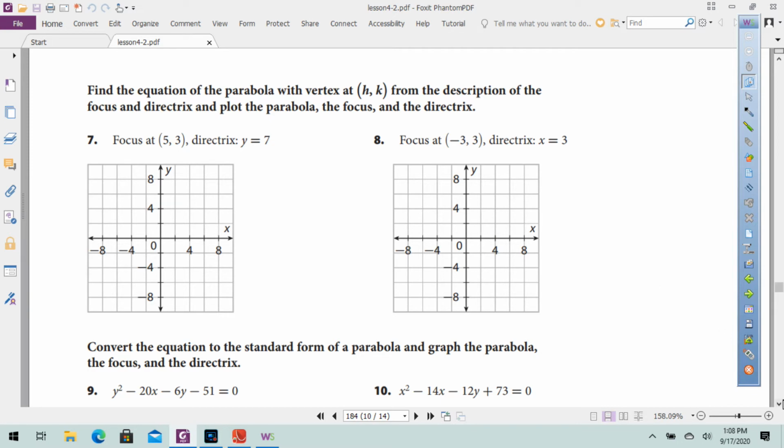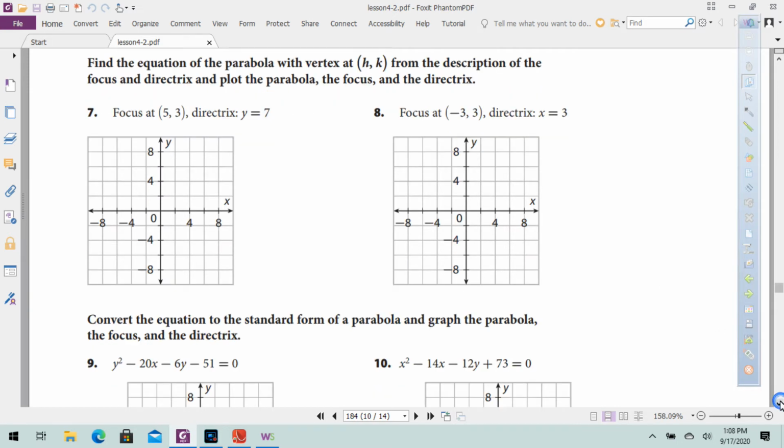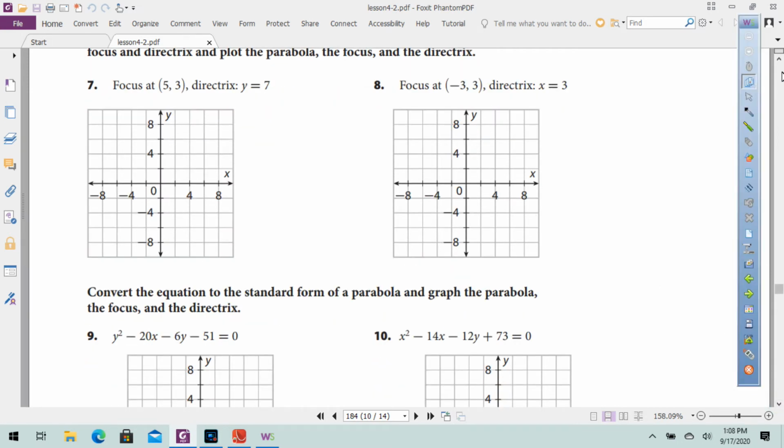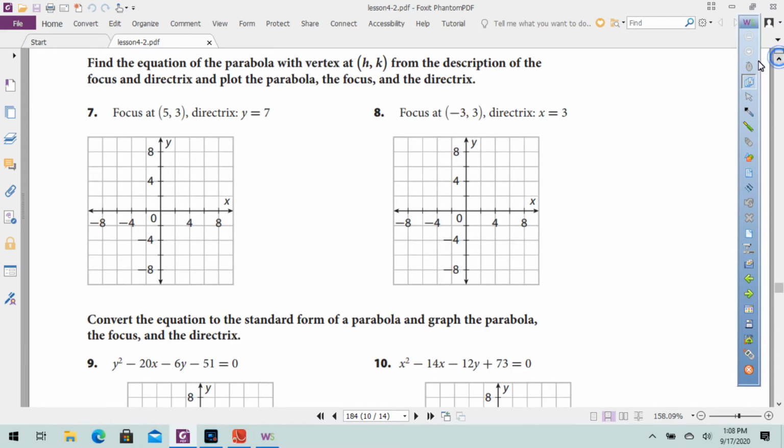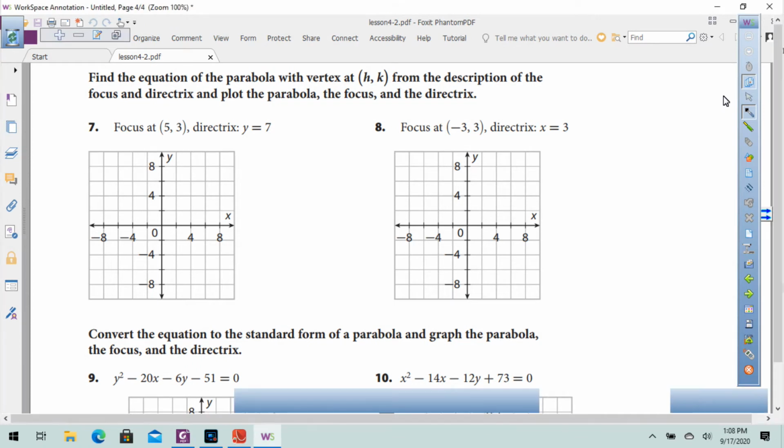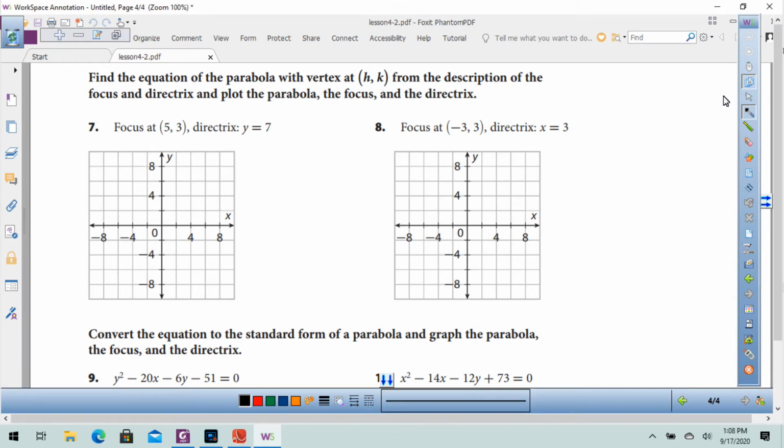Number 7. It says find the equation of the parabola with a vertex at h, k from the description of the focus and directrix and plot the parabola. Good. Let's see, we got a focus at 5, 3. So 5 is going to be about right there, and 3 is going to be right there.